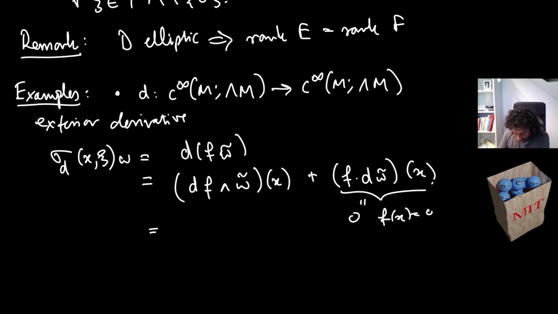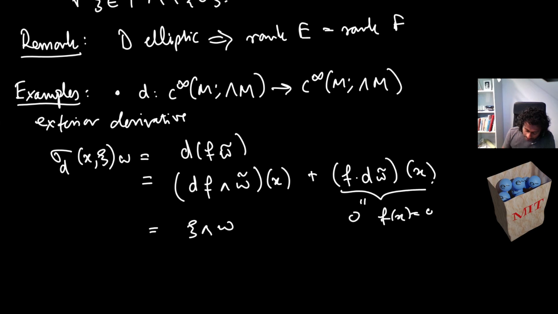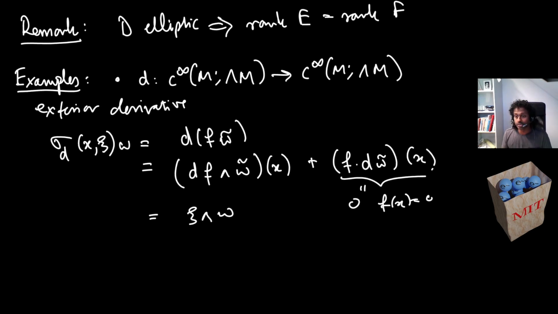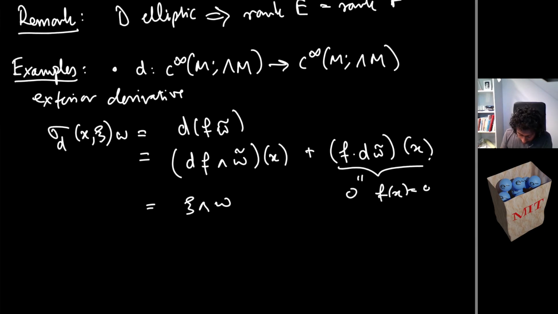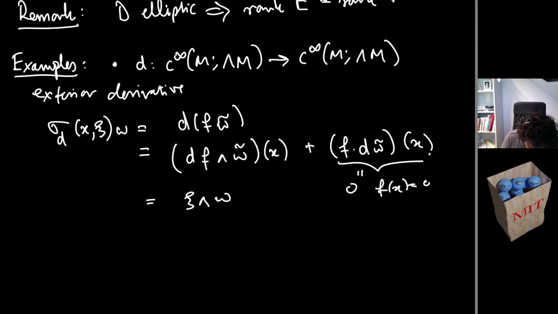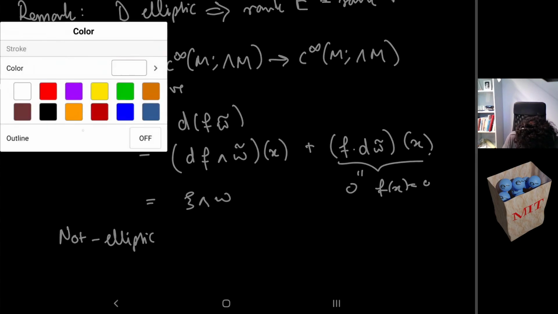And then the df is precisely psi, right? So this is now going to be psi wedge omega. And omega tilde is an extension of the omega in a neighborhood, so at x it's precisely equal to omega. Okay, so I'll leave it as an exercise, so this is not elliptic.